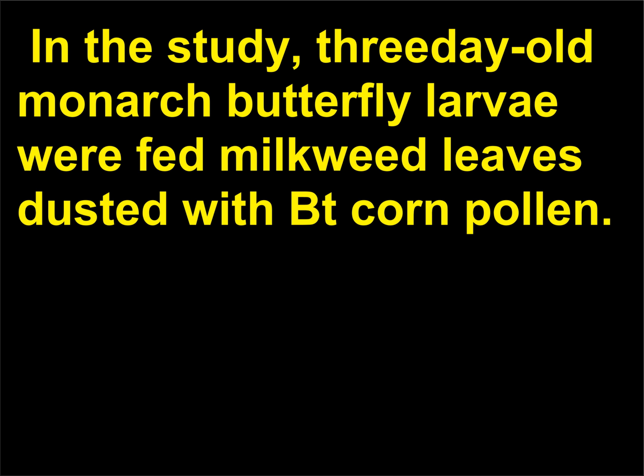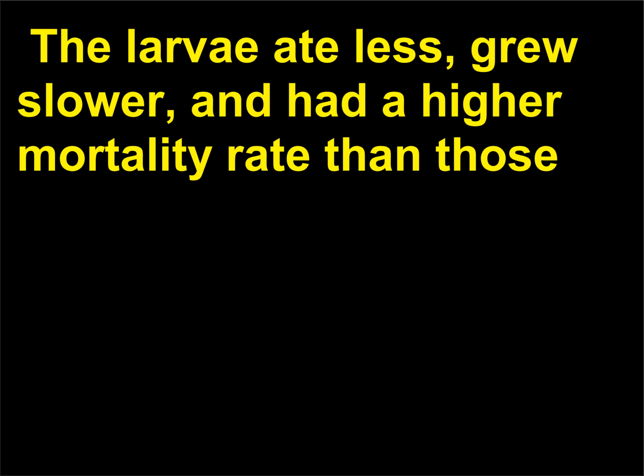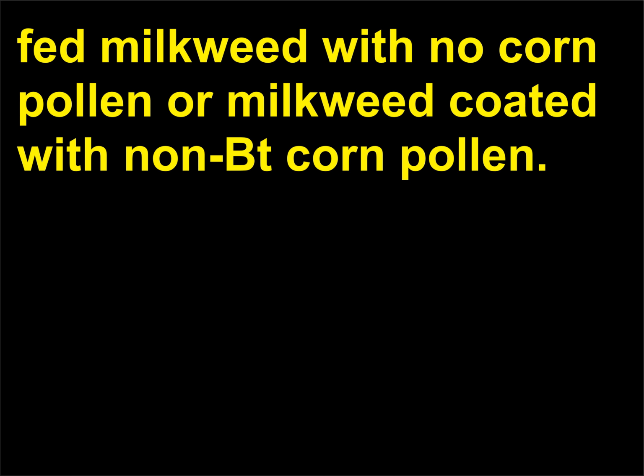In the study, 3-day-old monarch butterfly larvae were fed milkweed leaves dusted with Bt corn pollen. The larvae ate less, grew slower, and had a higher mortality rate than those fed milkweed with no corn pollen or milkweed coated with non-Bt corn pollen.